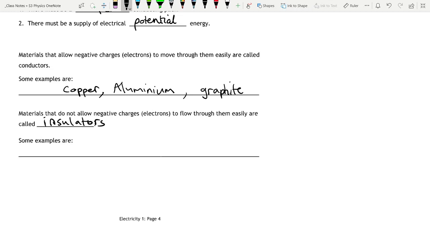Wood, yeah. Plastic. Around the outside of wires, you get plastic so it doesn't shock you when you touch the wires. Generally, we use plastic to coat anything that is a conductor so it doesn't shock us.